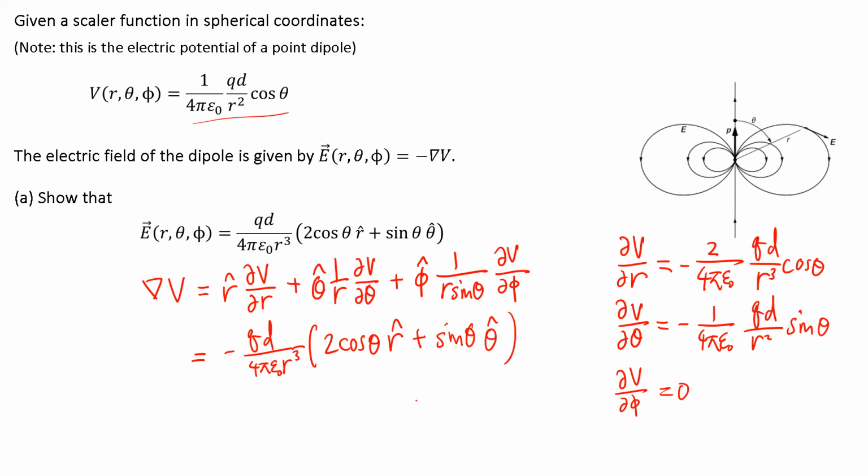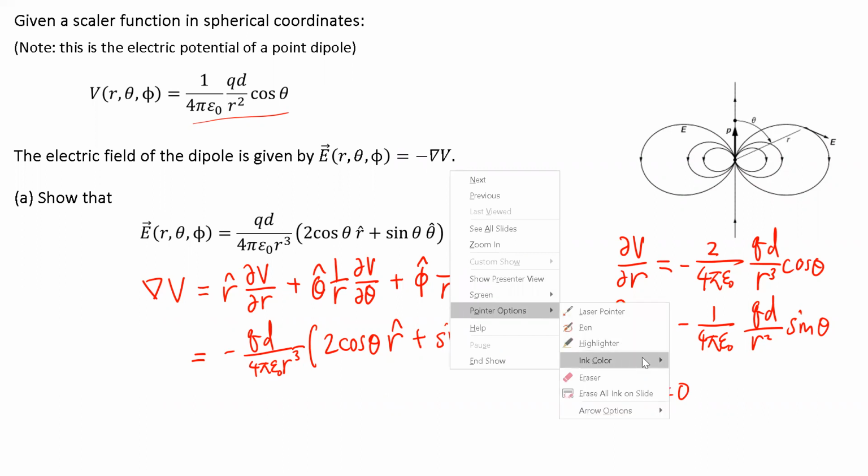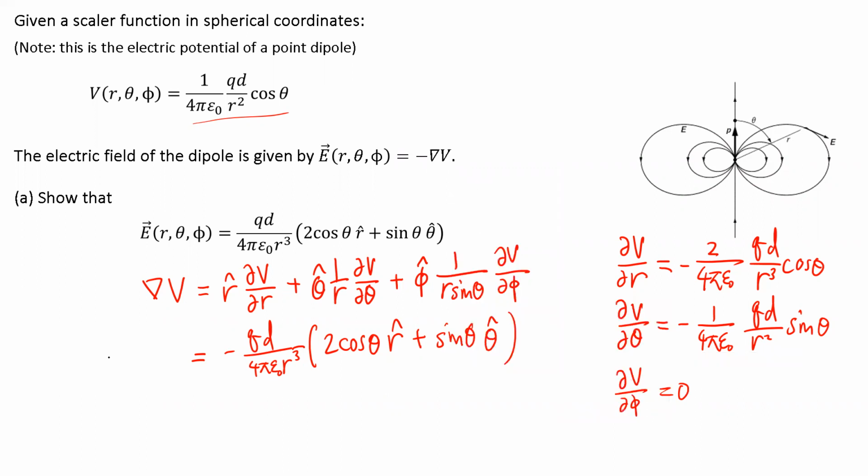So this is the gradient of V. Now the question wants you to find the minus of the gradient, so the minus of the gradient is this. Then that proves this result here. This is the electric field.